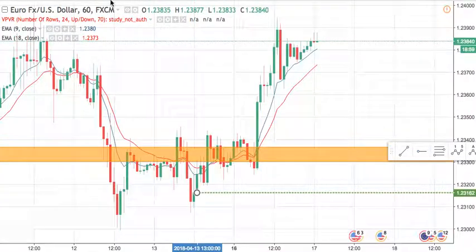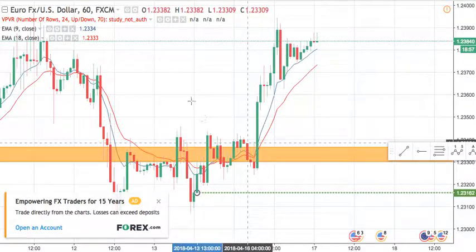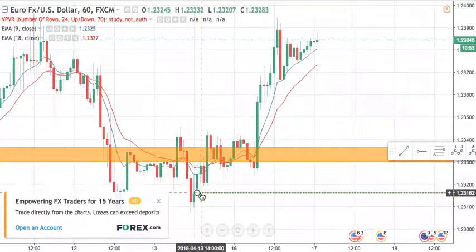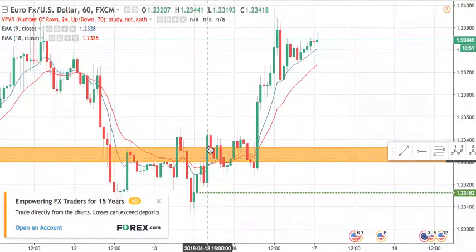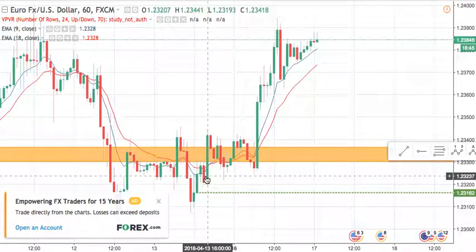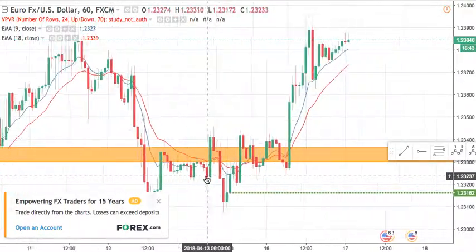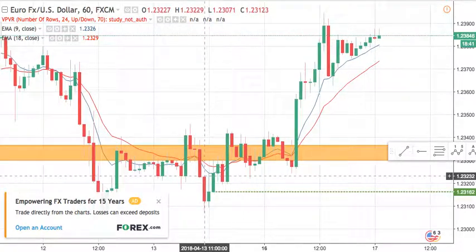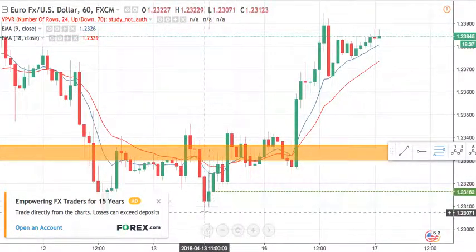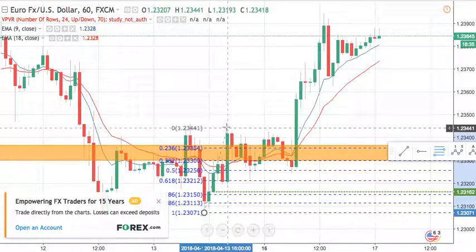So now let's go to the 1 hour. This is the candle here on the 4 hour that stopped it out here. So what I would do is do a fib retracement, which I'm sure perfectly matches.